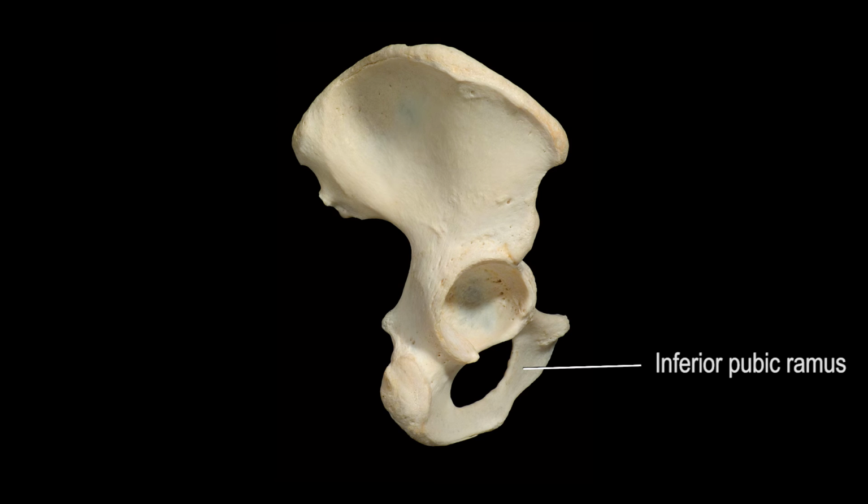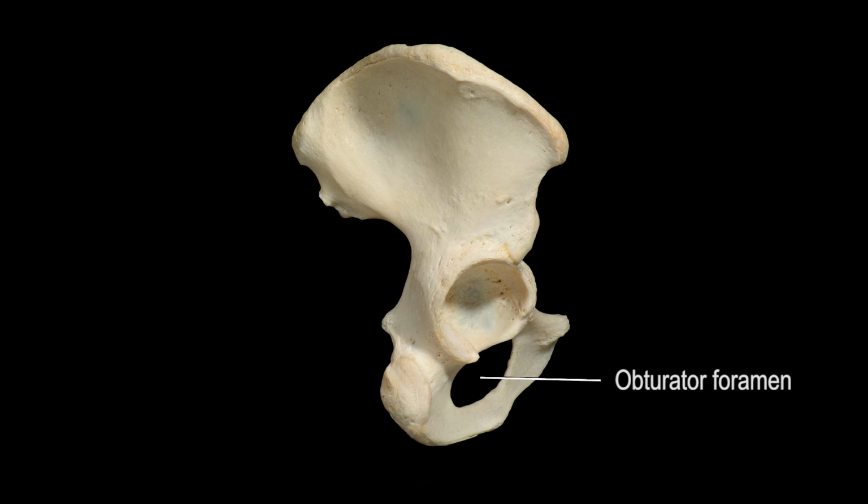The inferior pubic ramus meets the ramus of the ischium, and often they are coupled together and termed the ischiopubic ramus. And here we have a foramen, and this foramen is the obturator foramen. The obturator foramen allows passage of the obturator nerve.